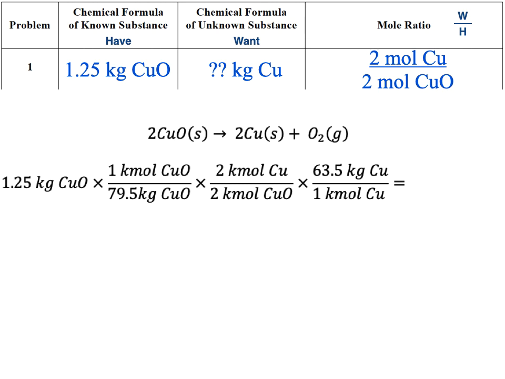Now, I want to do my math, and when we do our stoichiometric math, once we have all our units knocked down, we're going to multiply across the top and divide across the bottom. So do that now. When I multiply 1.25 times 1 times 2 times 63.5, then I'm going to divide it by 79.5, then divide by 2, and then divide by 1. And when I do that, I get 0.998 kilograms of copper.